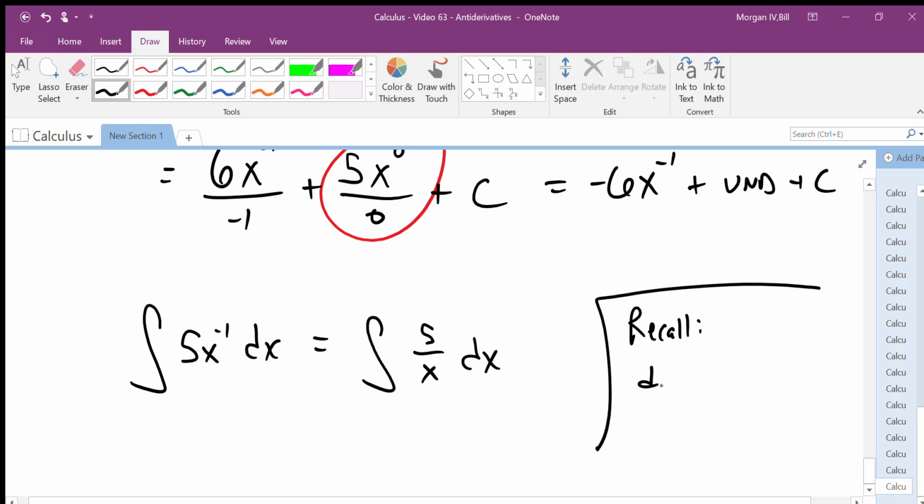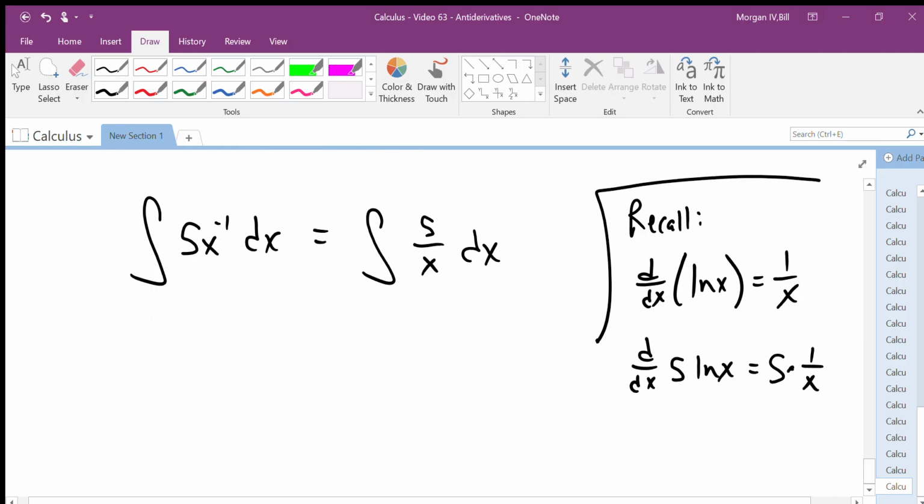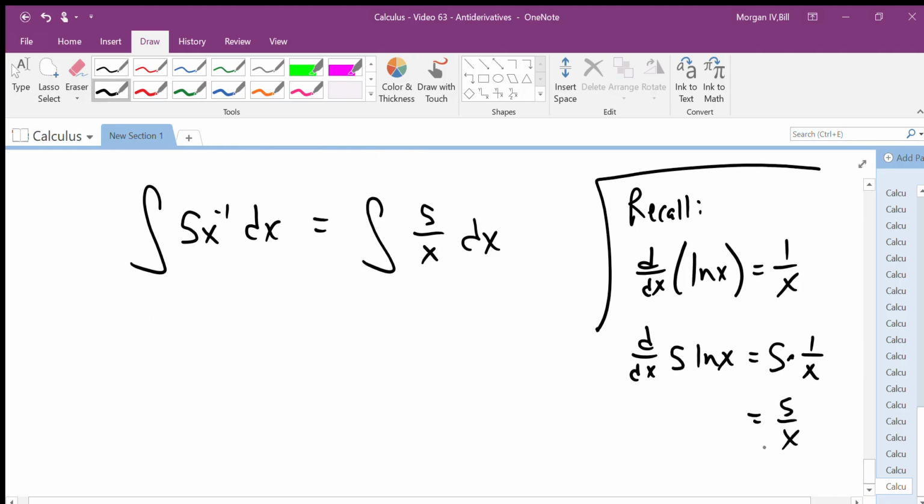what is the derivative of the natural log of x? That's 1 over x, right? That's 1 over x. The derivative of 5 times the natural log of x, the 5 just hangs out front, then it's times 1 over x, otherwise known as 5 over x.